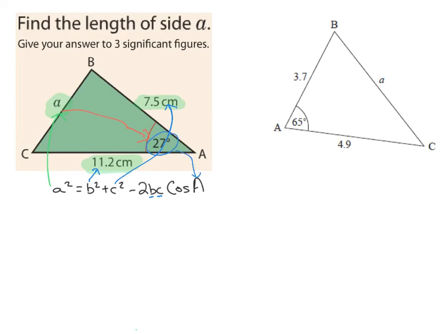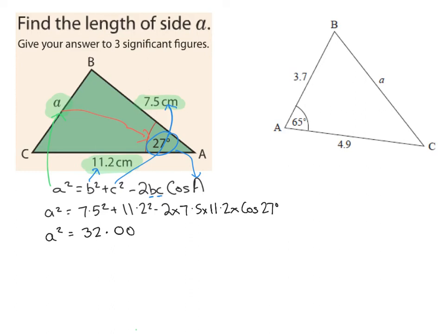So I'm just going to put all of that into the formula. a squared equals 7.5 squared plus 11.2 squared minus 2 times b times c, so times 7.5 times 11.2 times cos of a, so cos of 27 degrees. I'll type all of that into the calculator, and I will get that a squared is equal to 32.00903994.